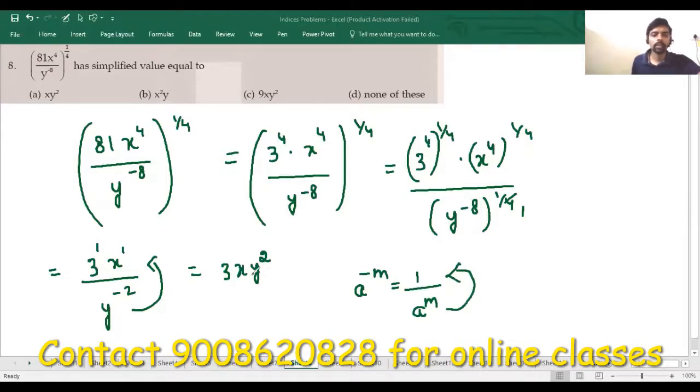So y power minus 2, it becomes y square. So the answer is 3xy square. Which is the correct option, guys? 3xy square. Do we have 3xy square? No. So none of these. For your reference sake, you write 3xy square.